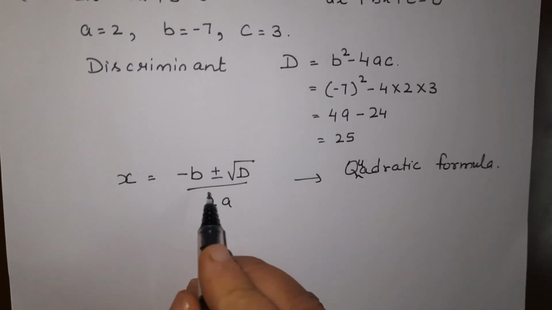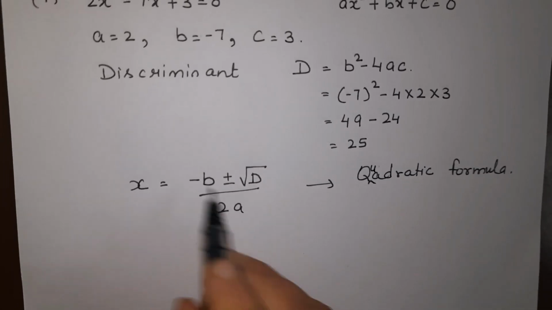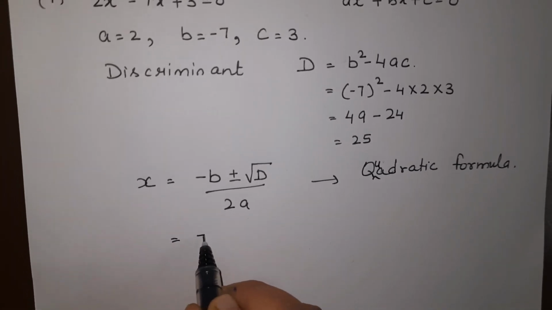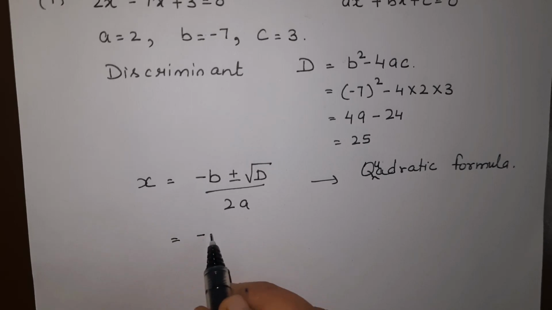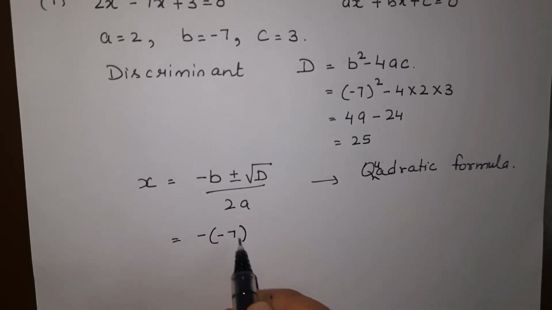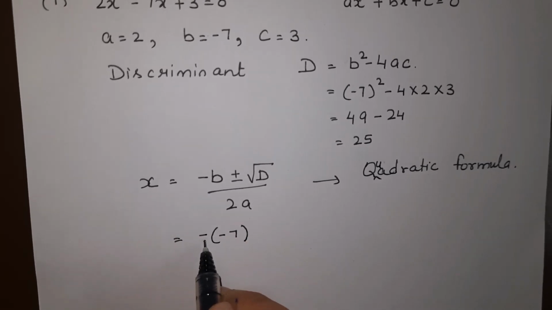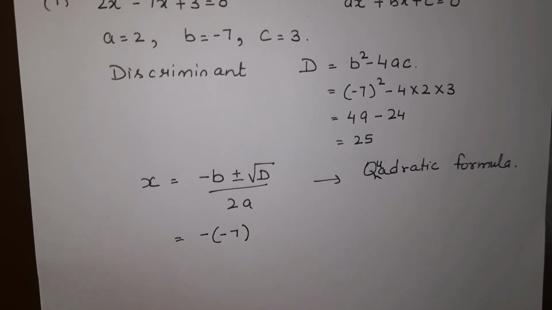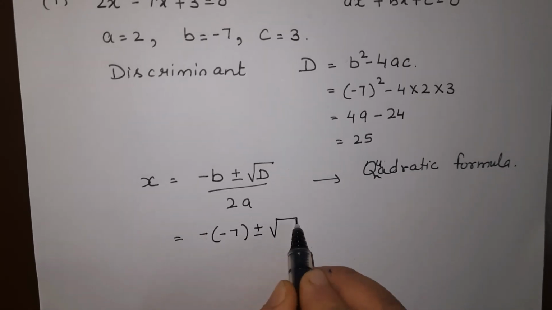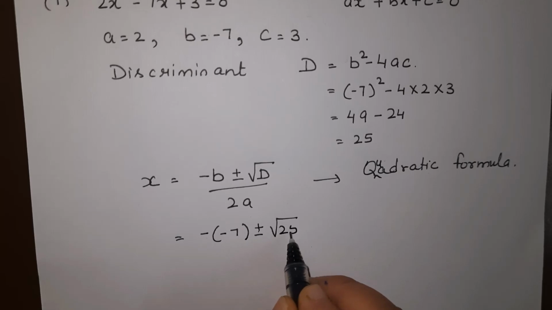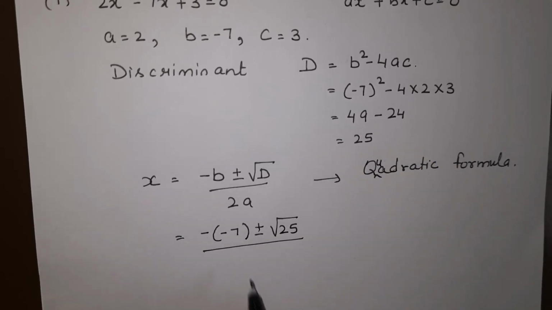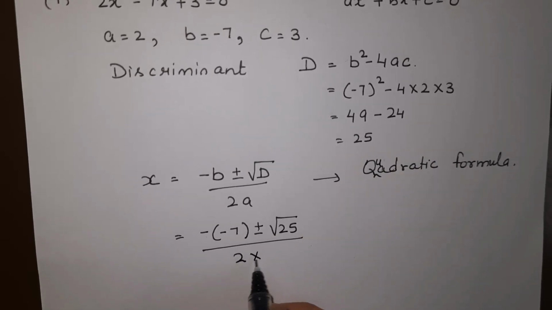Now we will substitute the values of b, D and a here. Now b is minus 7 and the negative sign is also there in the formula, so minus 7, since b is minus 7. Plus minus root of 25, because D is 25, over 2 into 2.